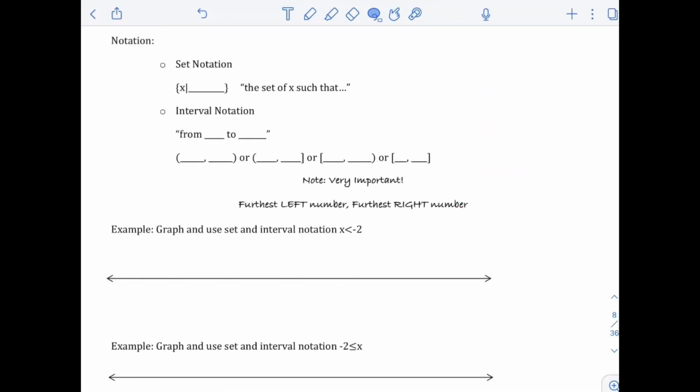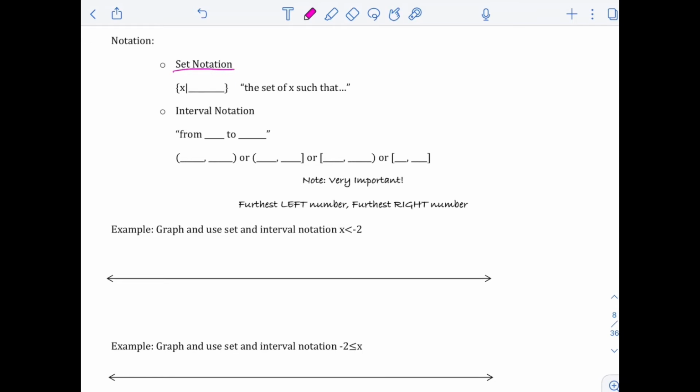We have two different notations for an interval. First, we have the set notation. The set notation is when the interval is given as all the properties that the numbers verify. So basically, the set notation is setting the properties of all the numbers in the interval.